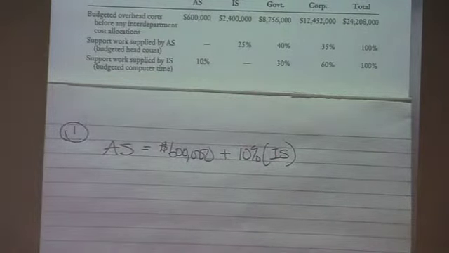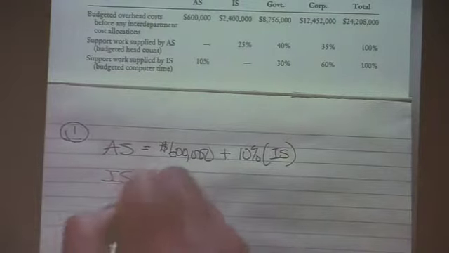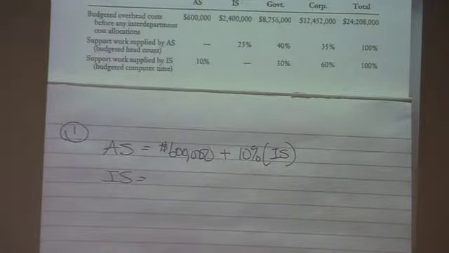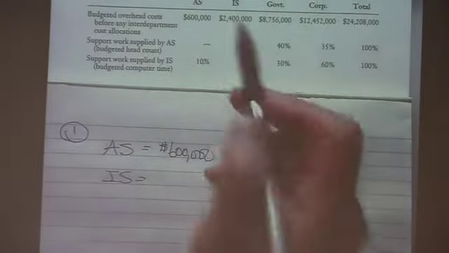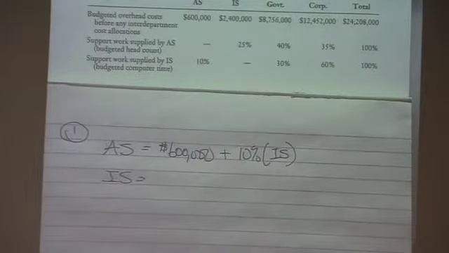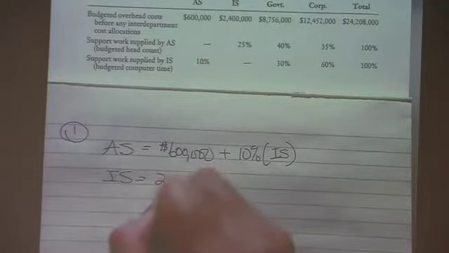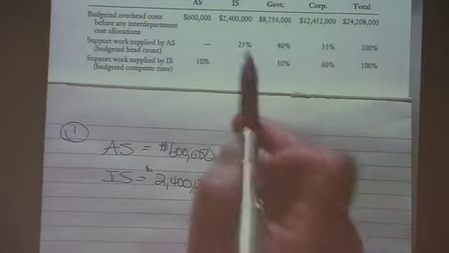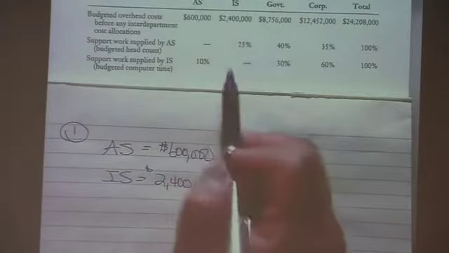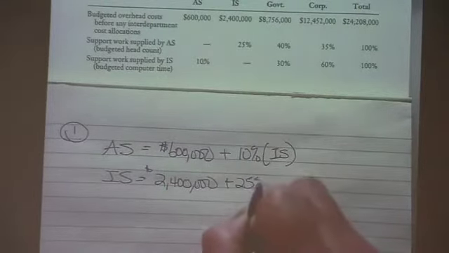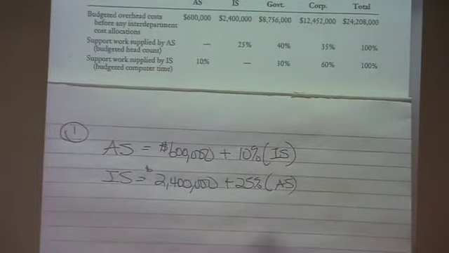Now the IS department, we're going to express the fully loaded cost of the IS department in an equation. The IS department's standalone cost is $2.4 million, plus they're getting a charge of 25% of AS.